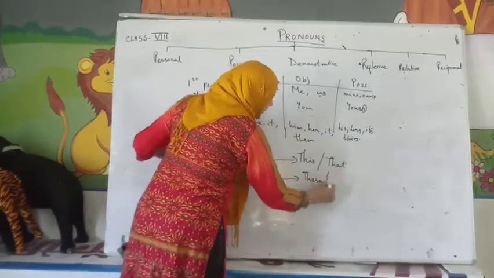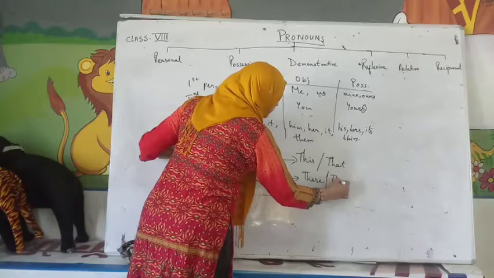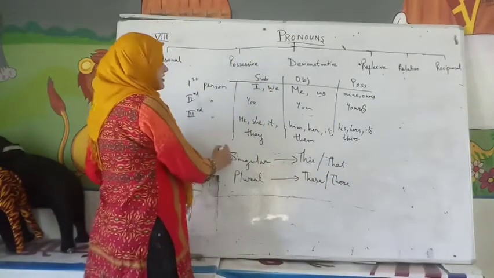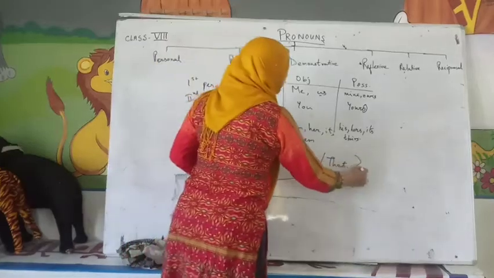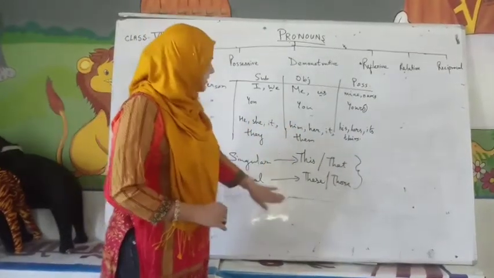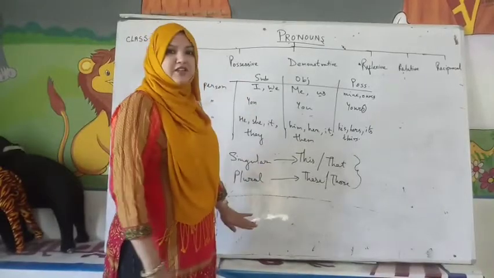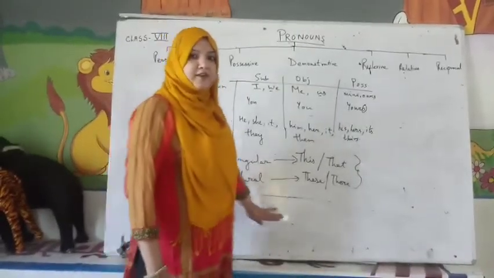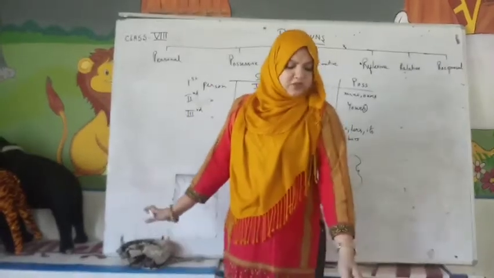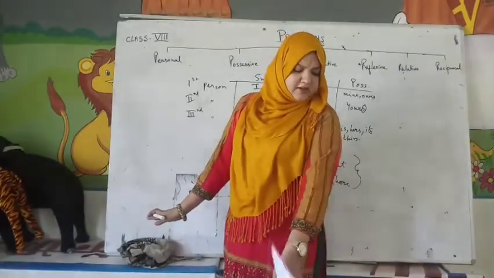These and those. Is that clear? So these are demonstrative pronouns. This, that, these, those. Is that clear? Did you all understand till here? Everybody? I hope nobody has any doubts. It's very simple, very clear.